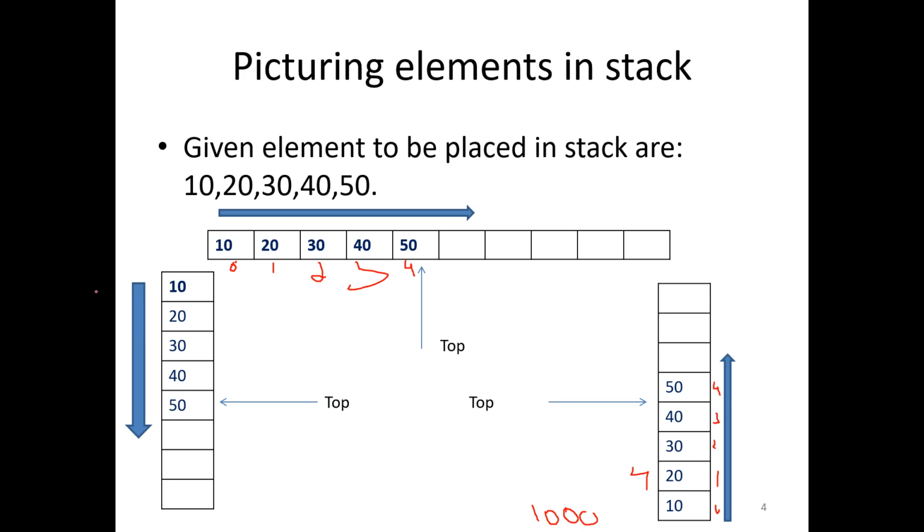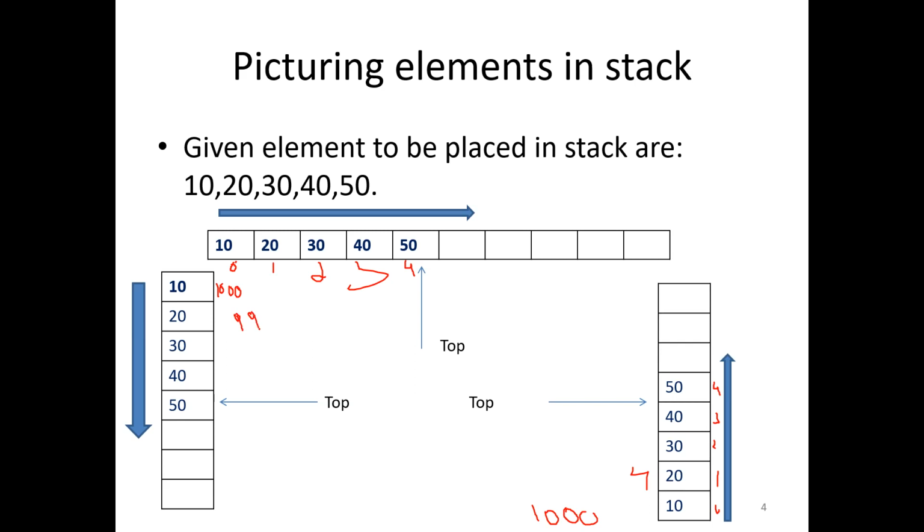Another way of representing: sometimes we also initialize the stack with the higher address. The highest address is used to initialize the base of the stack. But when you perform an insertion operation, each time the address is decremented. For example, if 1000 is given for the base of the stack, then for the next element it is 996.